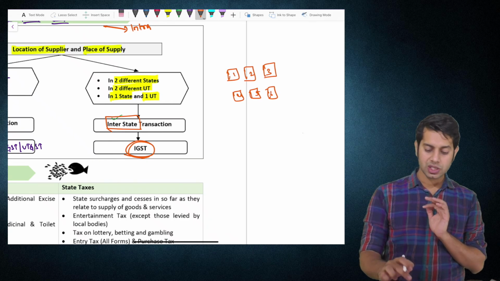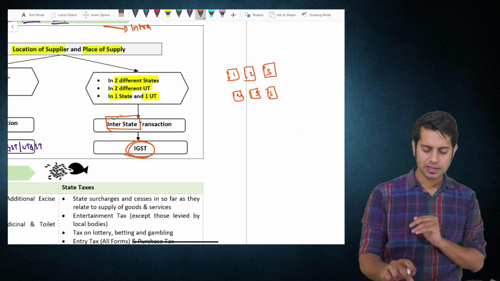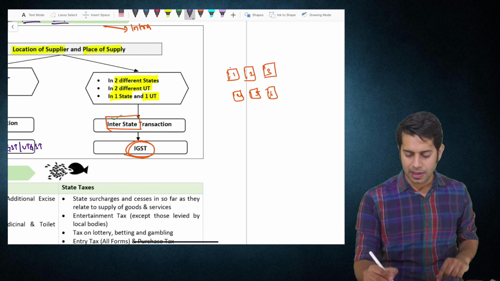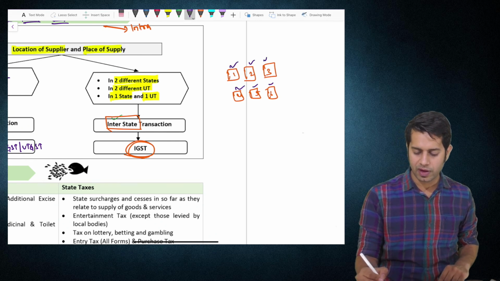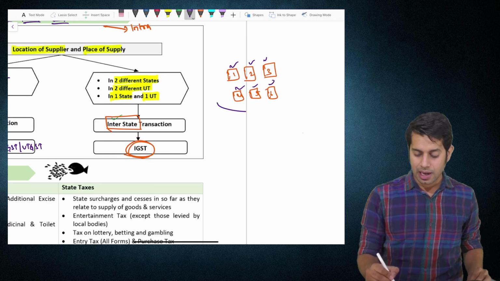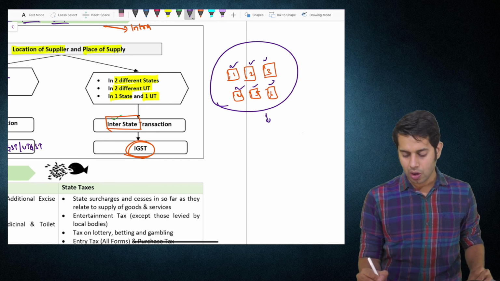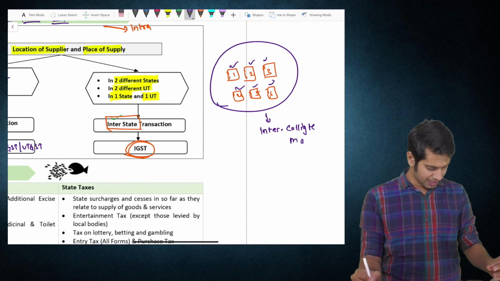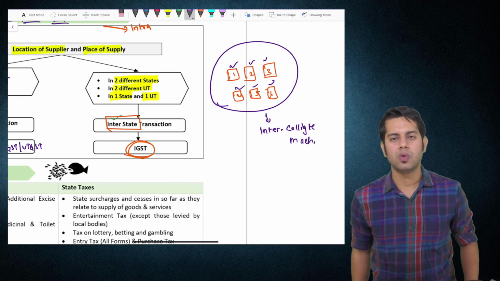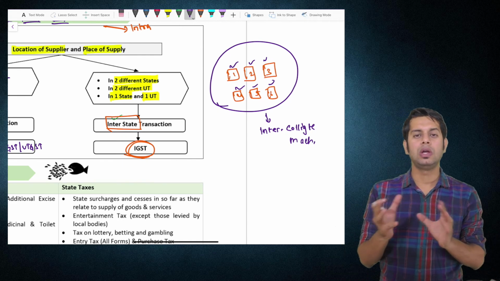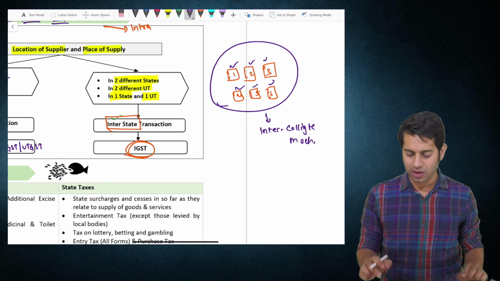If a basketball match is happening between different colleges, then that type of match is called an intercollegiate match.